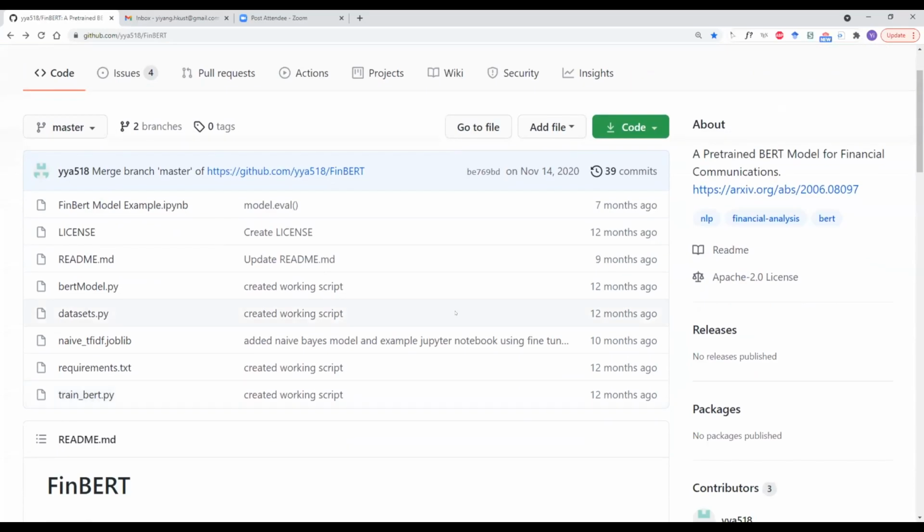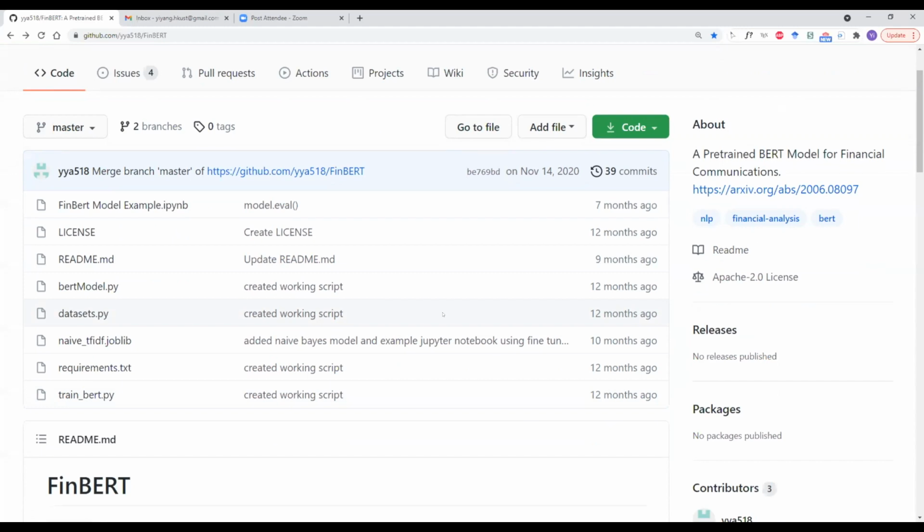Let me briefly show you what the GitHub repo looks like. Okay, so this is the FinBERT repo, where we release the model. Not only do we release the FinBERT model, but we also release the fine-tuned FinBERT model.